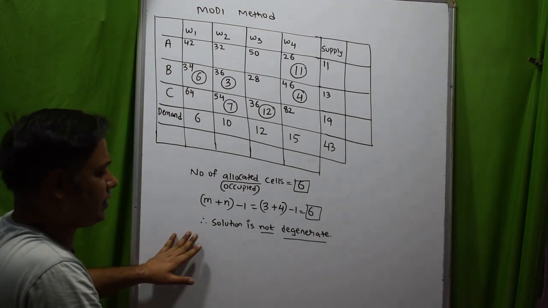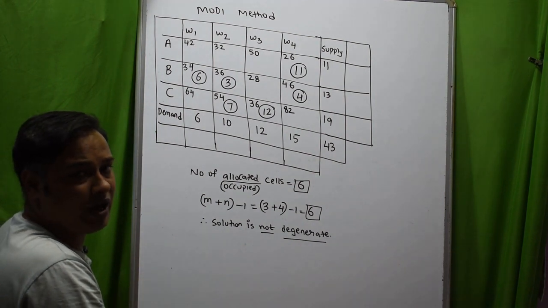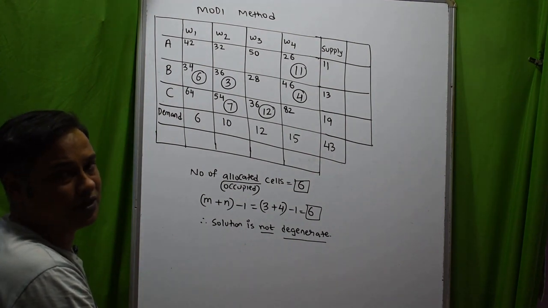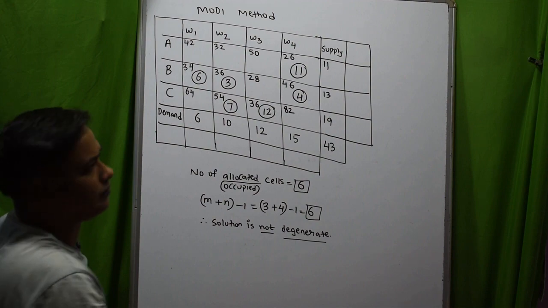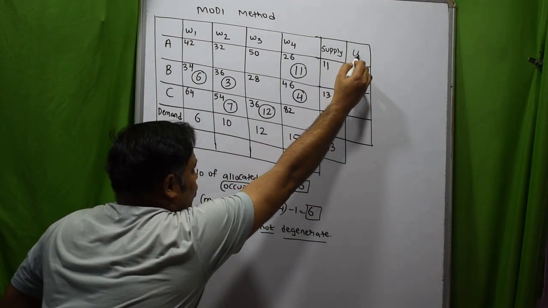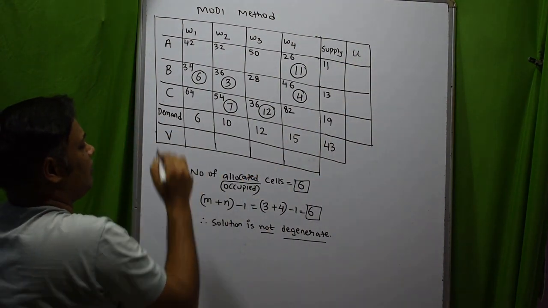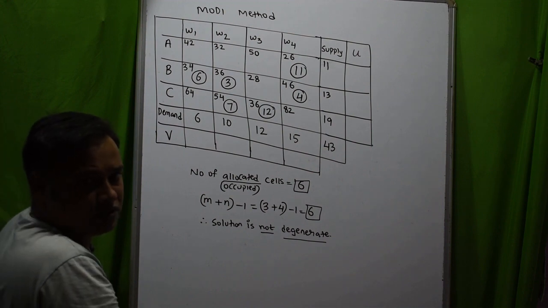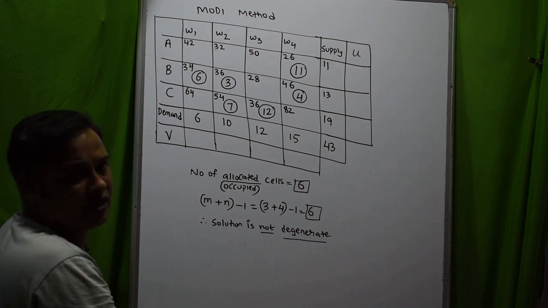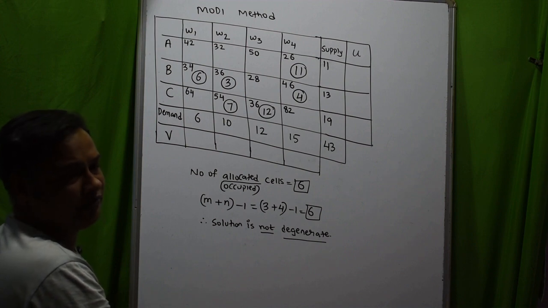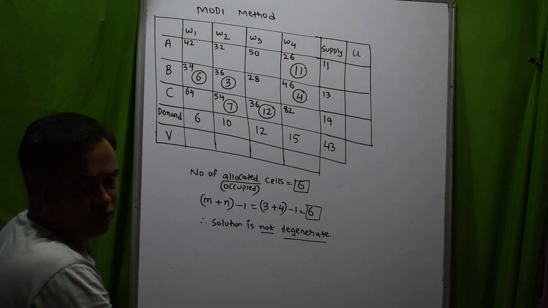This was the first basic condition we checked. Now I will add two more variables, u and v. Here I will write u and here I will write v. Now this u and v are nothing but the dummies that are introduced by us just to check whether this is the best solution or not.